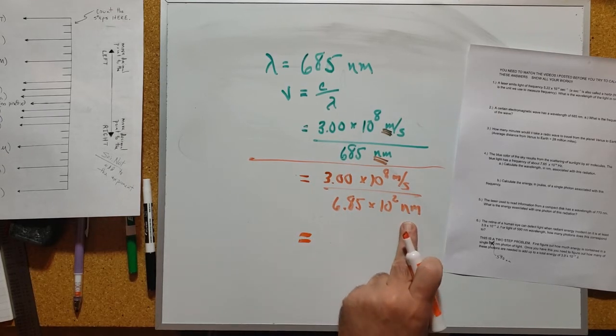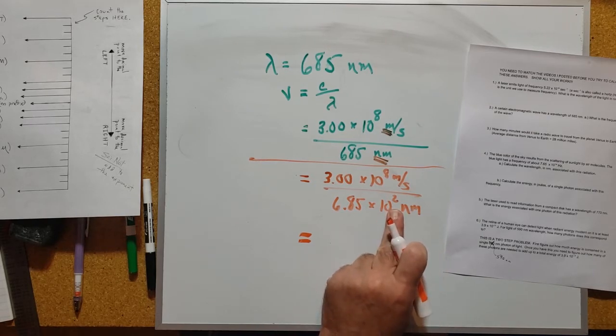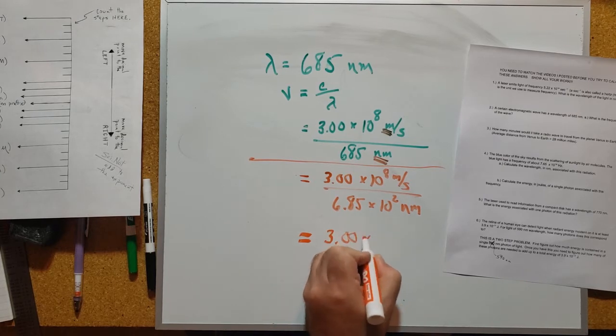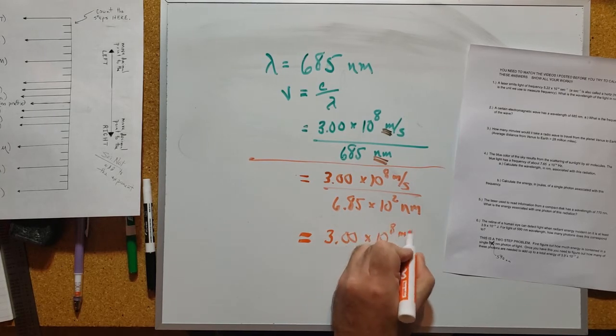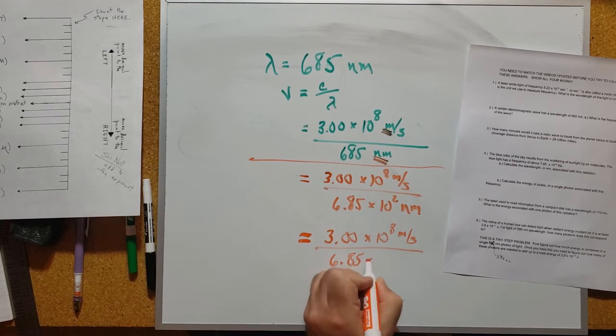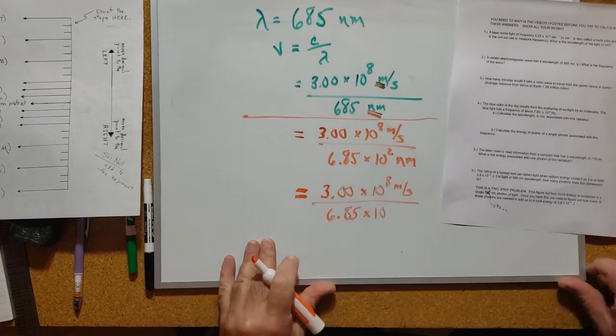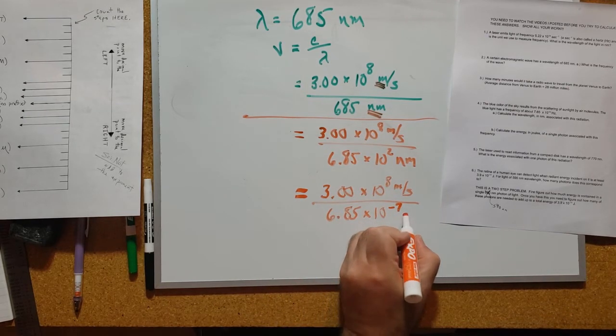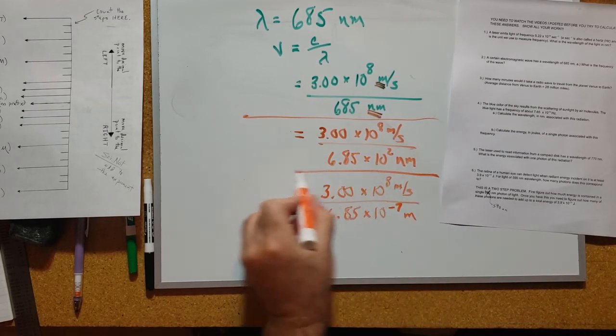Now I'm going to convert this to meters by decreasing the exponent by 9. So the top number stays the same. And the bottom number becomes 6.85 times 10 to the, subtract 9 from 2, and you get -7, and that would be meters.